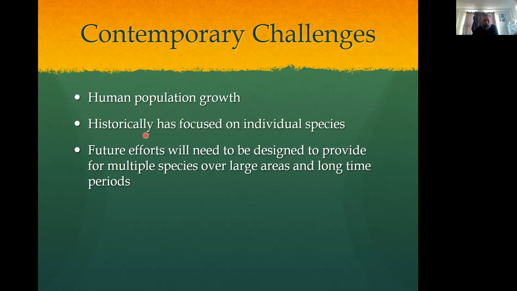And now we're starting to understand that you can't do that. I mean, you can, but it won't work. So we're starting to get, again, this more holistic approach where we're looking at, okay, managing for the environment, managing for the ecosystem, managing for the habitat, and kind of working our way around with that.